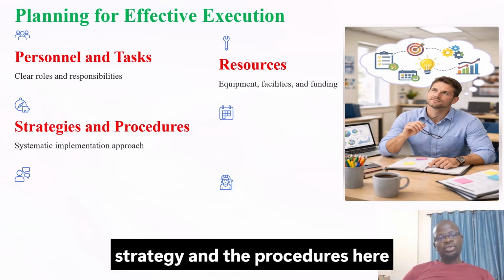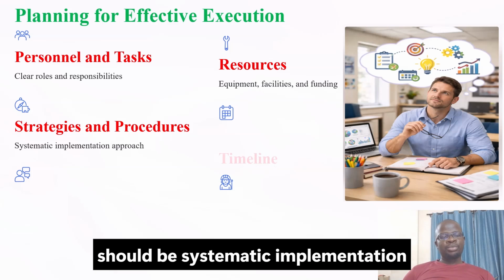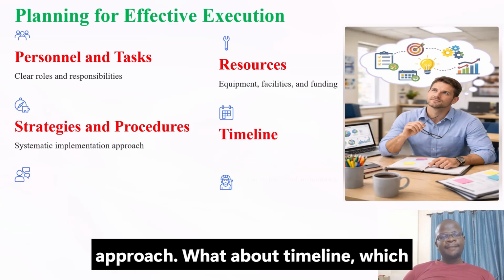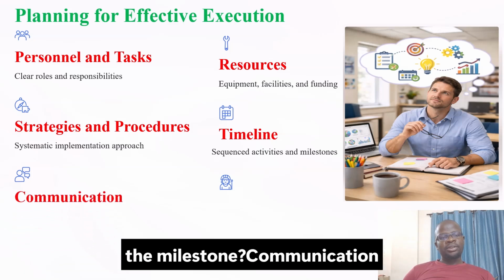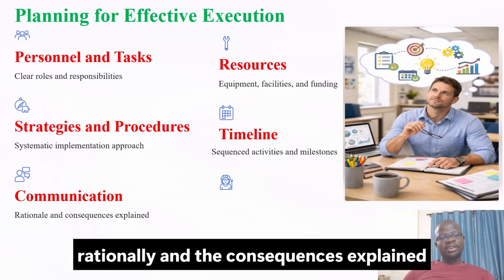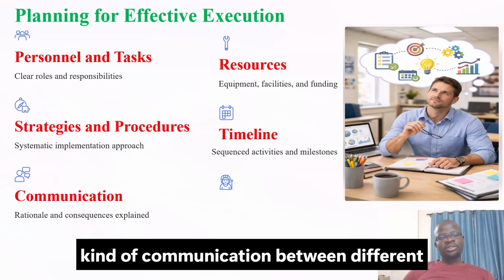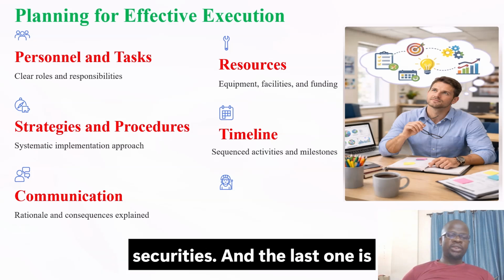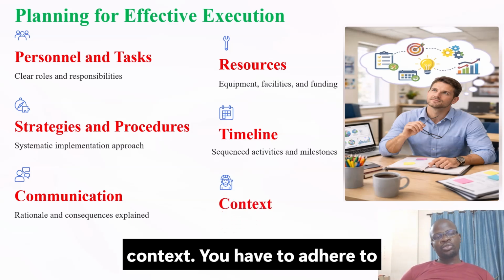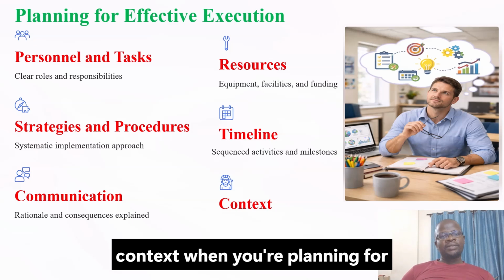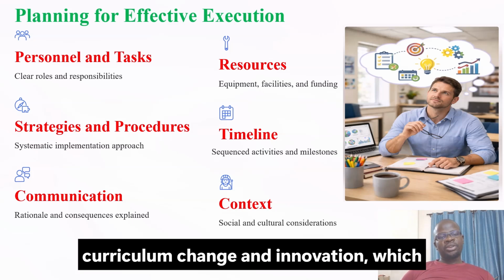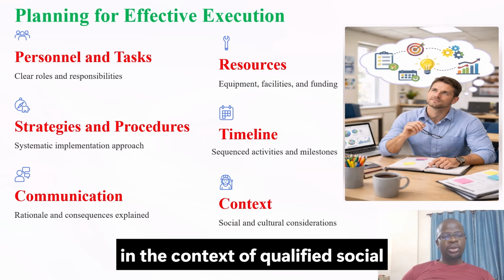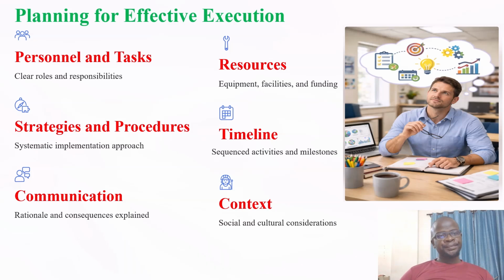Here, it should be a systematic implementation approach. What about timeline? It should sequence the activities and milestones. Communication: the rationale and the consequences. Explain the kind of communication between different stakeholders. The last one is context. You have to adhere to context when you're planning for effective execution of curriculum change and innovation, in which you have to identify social and cultural considerations.